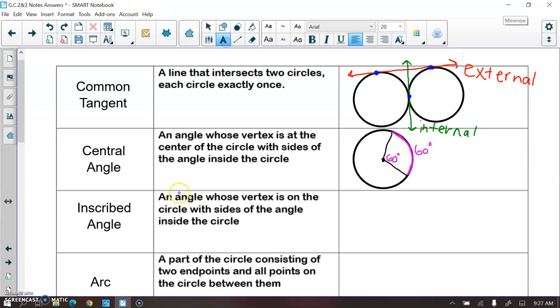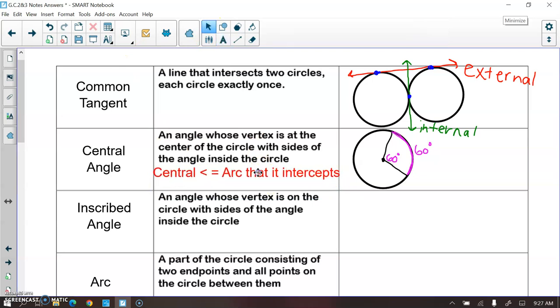So let's put this in our notes: a central angle is equal to the arc that it intercepts. That's important for you to know.